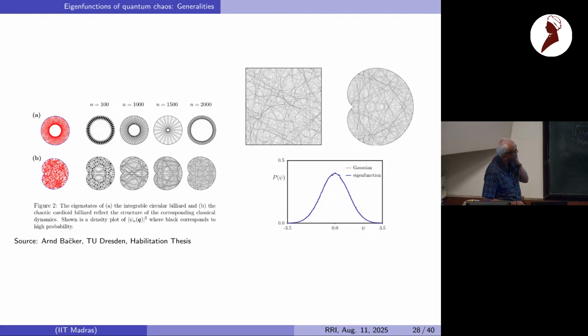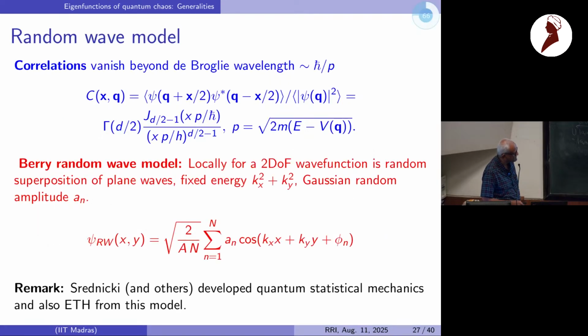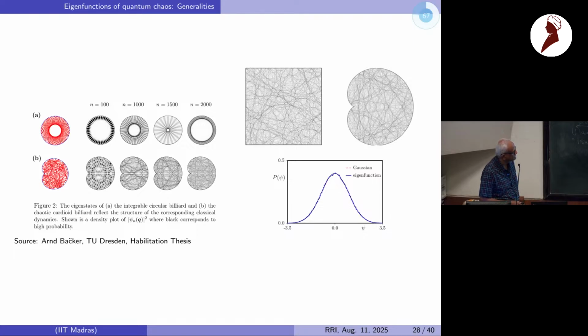You're expanding this wave function in some basis and finding out what those coefficients are, so that the amplitudes have a normal distribution.